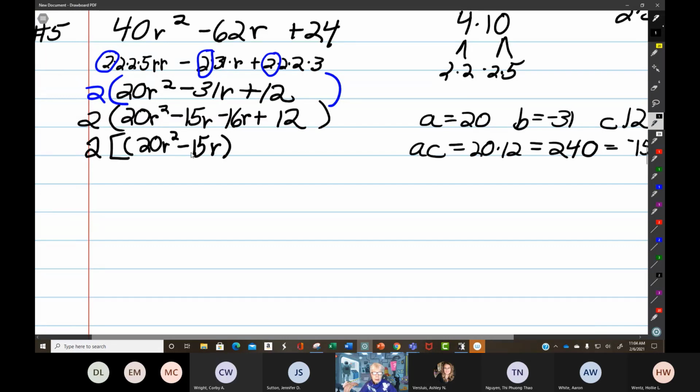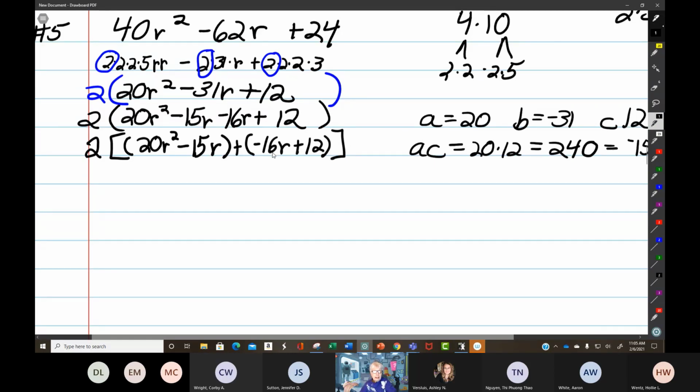That's just a 2. All right, now plus has to go here. And then negative 16r plus 12, parentheses closed, bracket. Excuse me, closed.